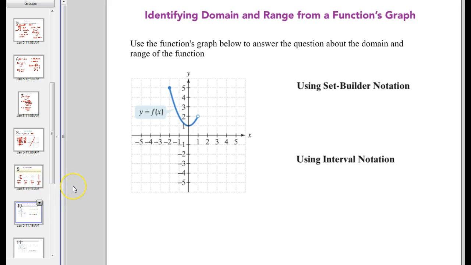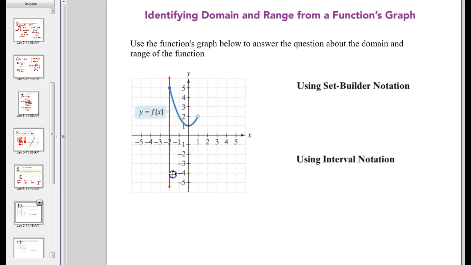Alright, domain and range from a graph. This is very similar to what we just did here. If I want to come up with the domain of the function, I'm thinking of it kind of like the vertical line test. Think of a vertical line panning left to right, starting on the left side of your graph. Where is the very first place that we hit the function?